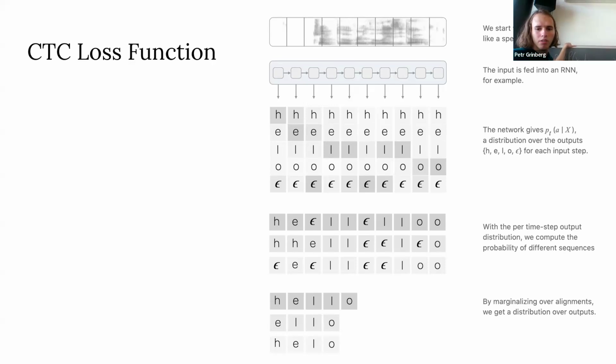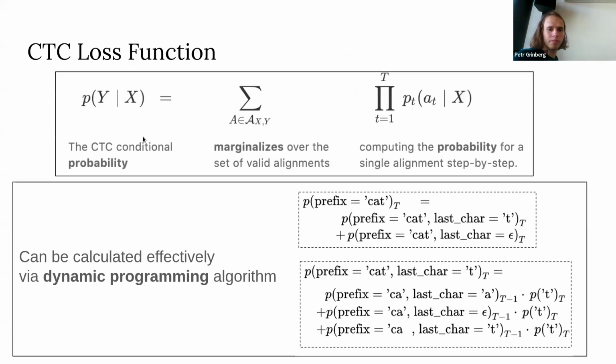Yeah. So your function will look like this. You will compute the probability for each path, and then you will marginalize over the set of valid alignments.